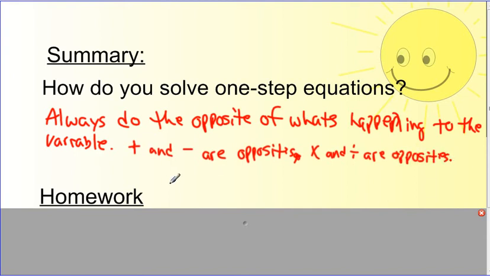Your goal, the final goal of every single equation you're ever going to solve, I don't care how many steps it has, if it says solve this equation, your goal is to get the variable by itself. And if you double check any of the equations we solved, the very last step, the thing that I circled, every single question, it has m equals something, b equals something.